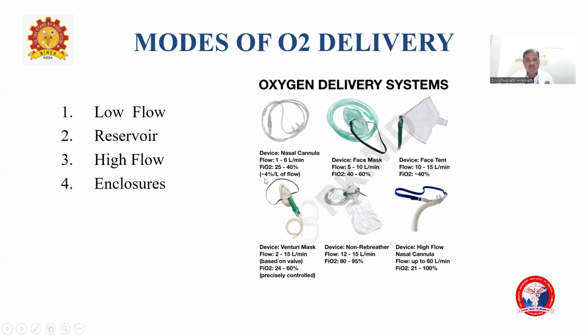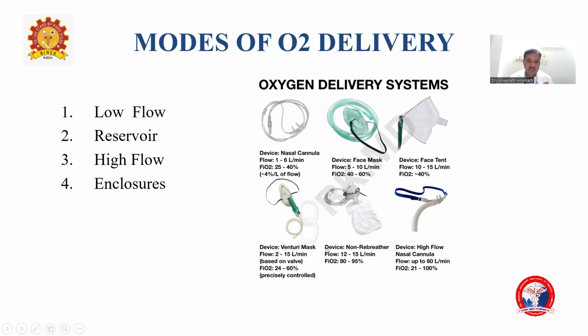The nasal cannula, 1 to 6 liters per minute, can provide a FiO2 of 25 to 40%. Face mask acts as a reservoir. The flow is 5 to 10 liters per minute, providing a FiO2 of 40 to 60%. Face tent, 10 to 15 liters per minute, can provide a FiO2 of 40%.